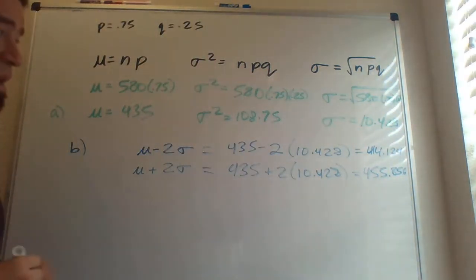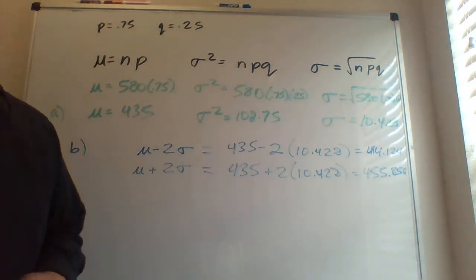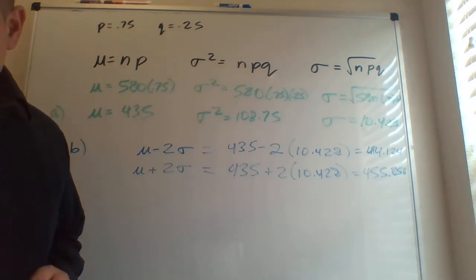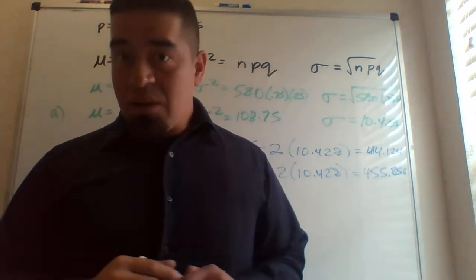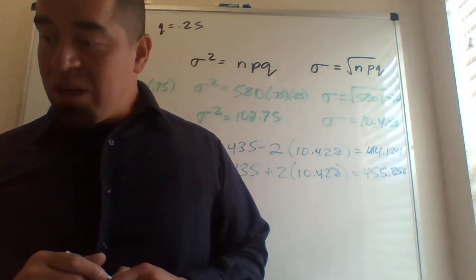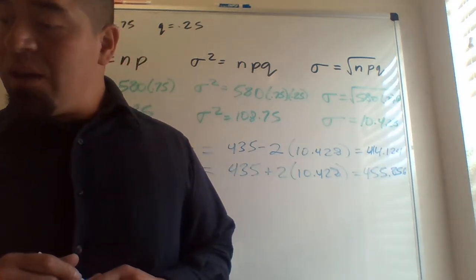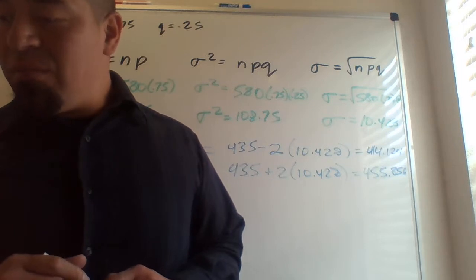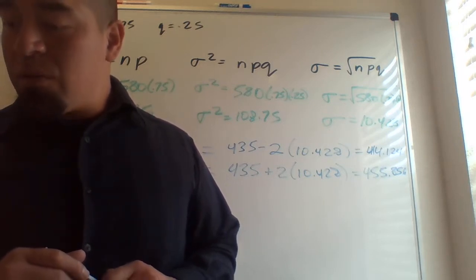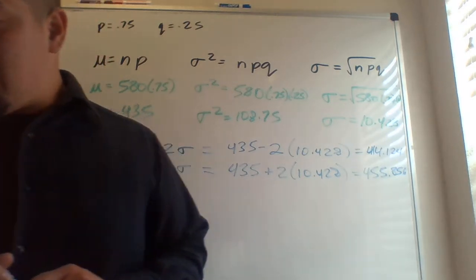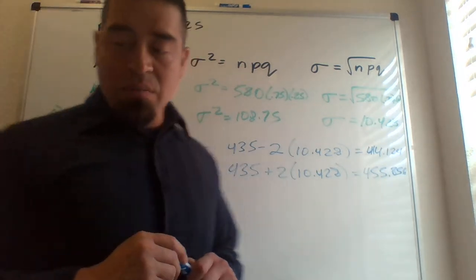Now let's look at the follow-up question on B, which says, based on those numbers, can we conclude that Mendel's actual result of 428 peas with green pods is significantly low or significantly high? Does this suggest that Mendel's value of 75% is wrong?